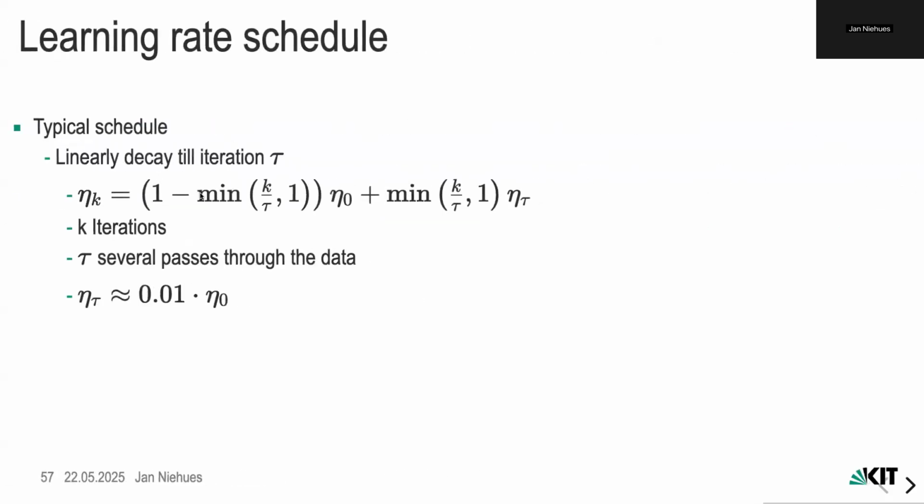So the first one is you can have a typical learning rate schedule where you say, oh, the learning rate should decay until some fixed iteration, and then it will stay stable. Saying at the beginning you have a very bad overall model, so you want to fast go into some good area, and then you don't want to go too far anymore.